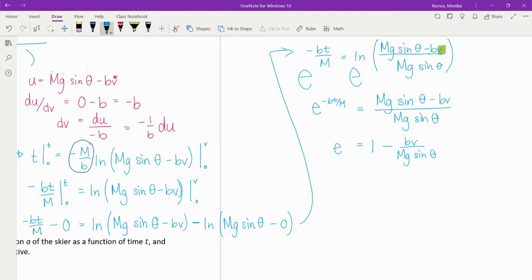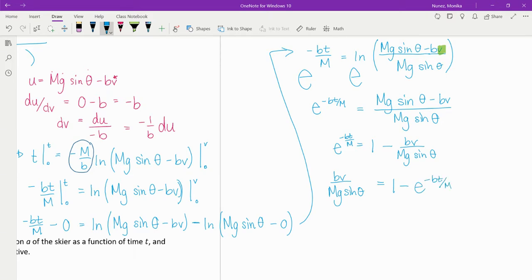And then I can do a little bit of algebra to get bv over mg sine theta equals 1 minus e to the negative bt over m.